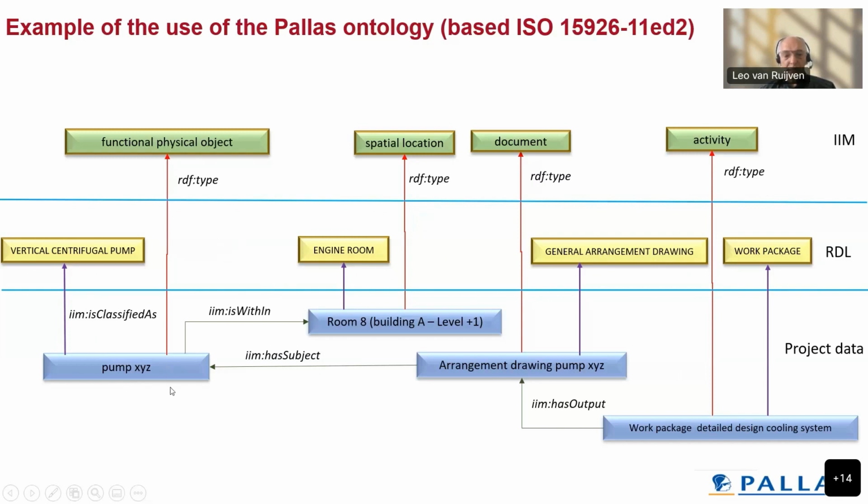It can be validated whether the relationship is correctly used by looking at the instance, which class it is an instance of in the upper ontology, in this case the functional physical object, and the spatial location which the relation is within. You can check if that is correctly instantiated.